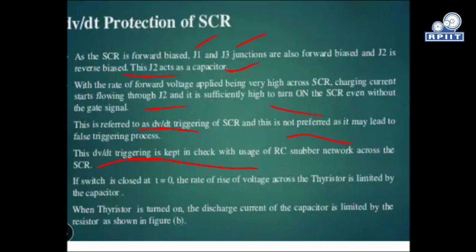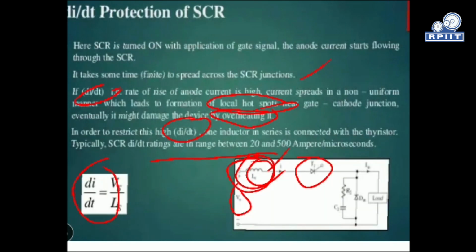So we need an RC snubber circuit there. The RC snubber circuit will look like this: this is the R terminal, this is the C. We apply it across the thyristor. This snubber circuit includes our R, C, and a freewheeling diode.